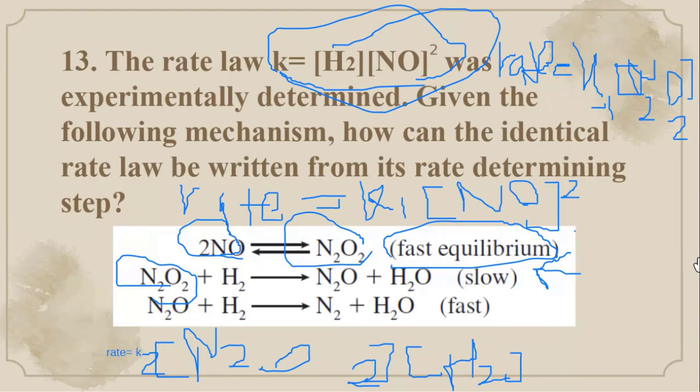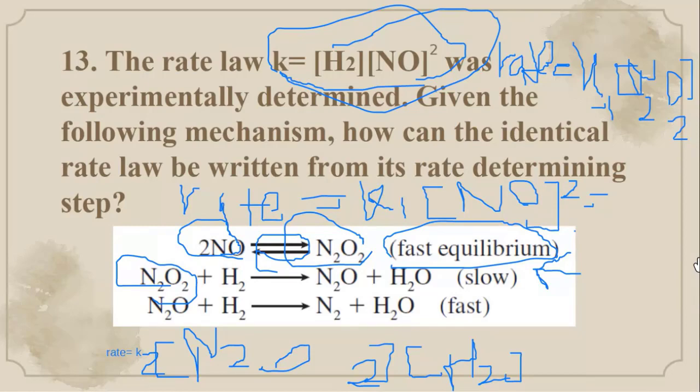And the rate of the forward and the reverse one is double-sided arrows, so you can say that they're equal to each other. And when I set them equal, that allows me to isolate my N2, O2, so I could then plug it into the rate Caleb has, and we wrote down here with the intermediate, because we don't want the intermediate to be in our final one, since intermediates are eventually consumed, so it doesn't represent an accurate rate.